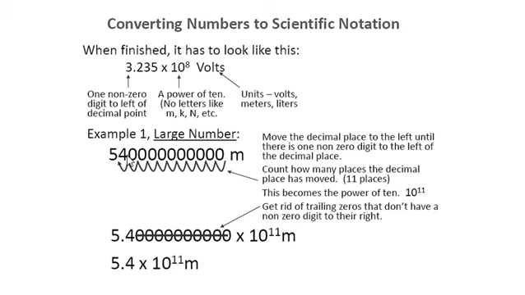When you count it, you have 10, and since our decimal place is right after 5, we also have to count the place of this 4. Even though it isn't a 0, we count it anyway. So that's your number 11. So you will have 10 to the power 11, and you're going to write 5.4 times base 10 to the exponent positive 11, and then your unit is m.